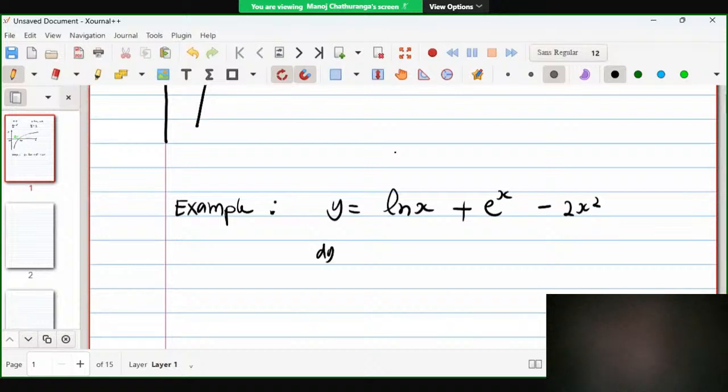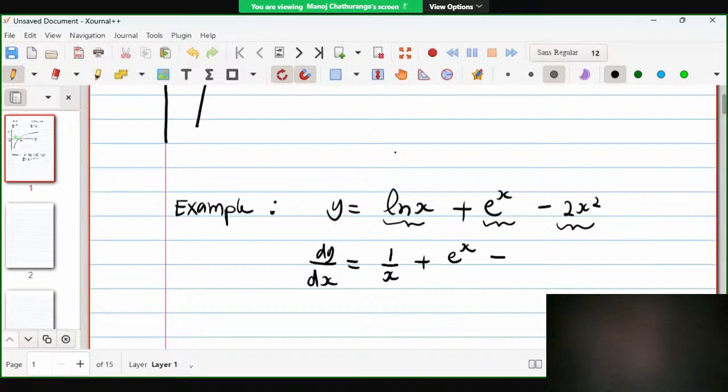So the derivative of this function, you can see this as a sum of three functions. And the sum rule applies for all three parts of the function. So natural log of x gives us 1 over x. e to the x is just e to the x.